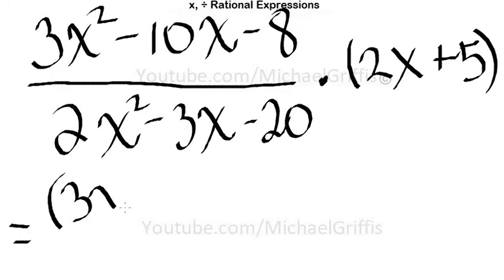Well, we know we're going to have to start with a 3x. Two numbers multiplied together give us 8.